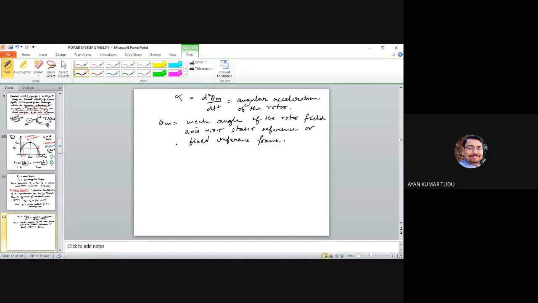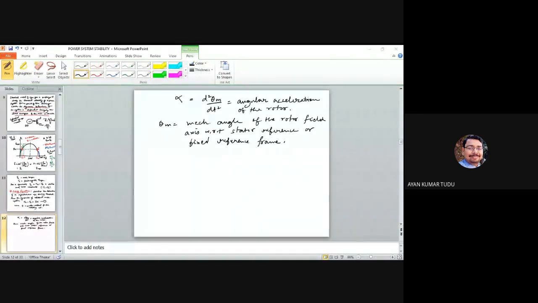So how can we make the angle theta m constant? We can make the angle theta m constant in steady state by taking a synchronously rotating reference frame instead of a stationary reference frame.